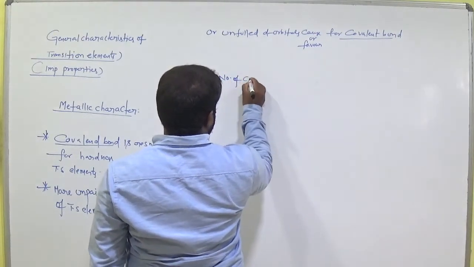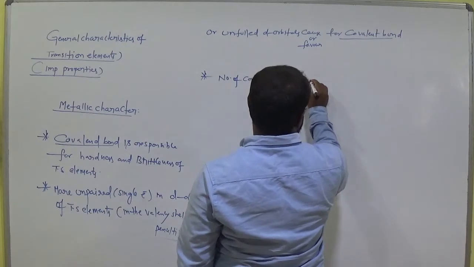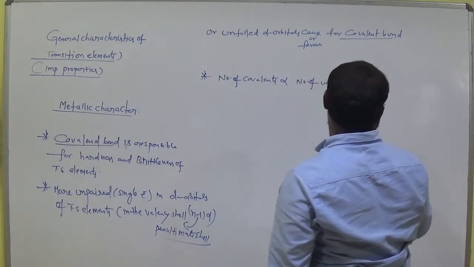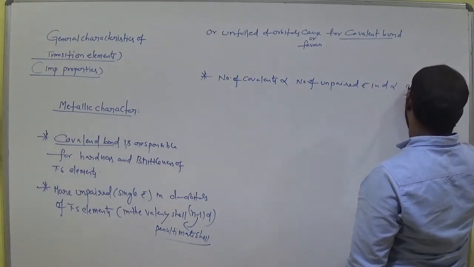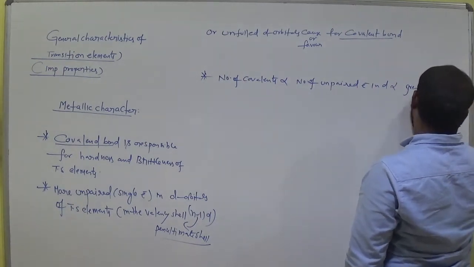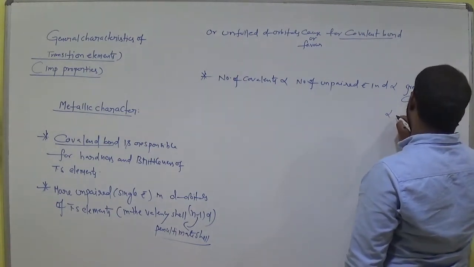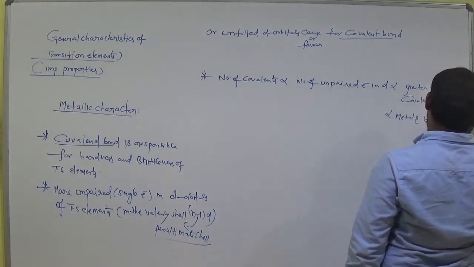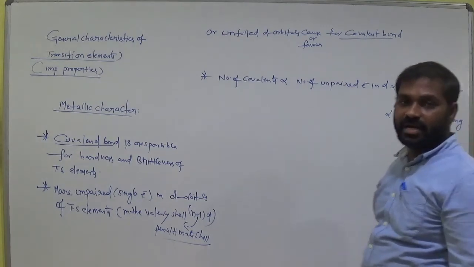The number of covalent bonds is directly proportional to the number of unpaired electrons in d, and it gives greater strength of covalent bonds. Then metals become stronger and harder.